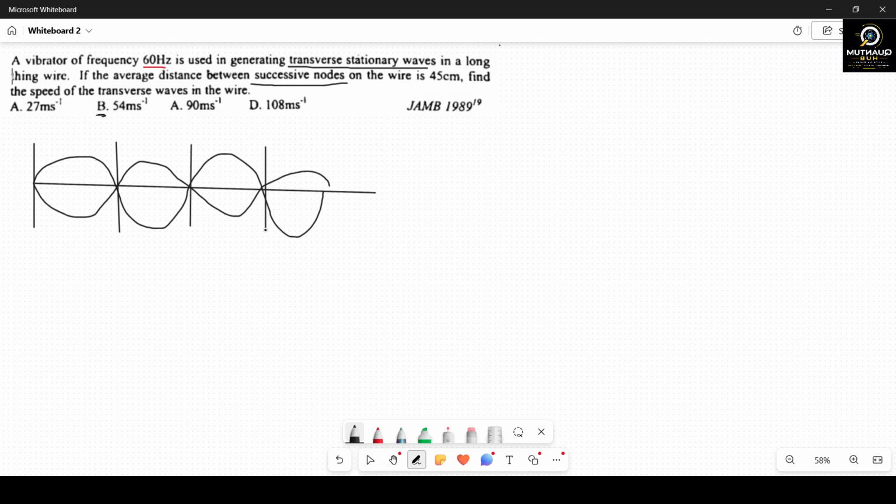Now, at every end we have what we call nodes, and so on, like that. Now the question says between successive nodes. That means between two successive nodes.